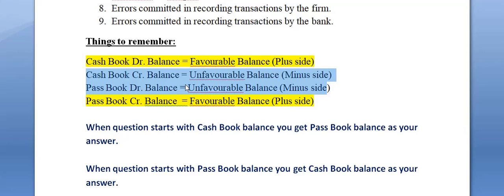So when you withdraw money from your bank account, the bank will debit it, and the same is recorded in the cash book as a credit item.